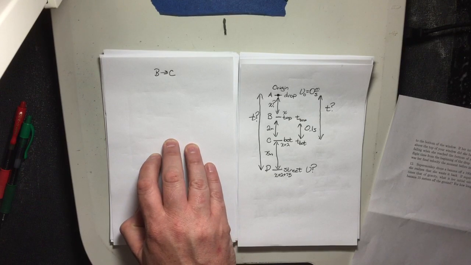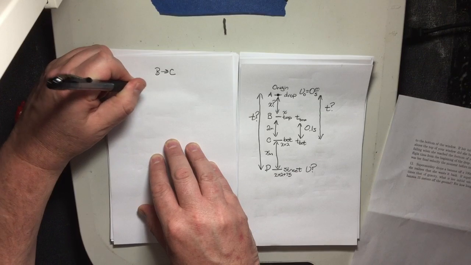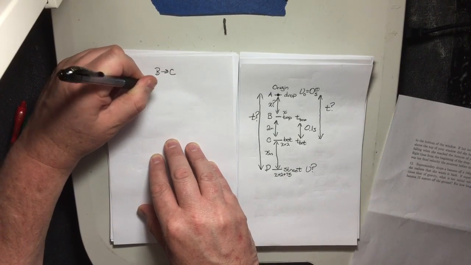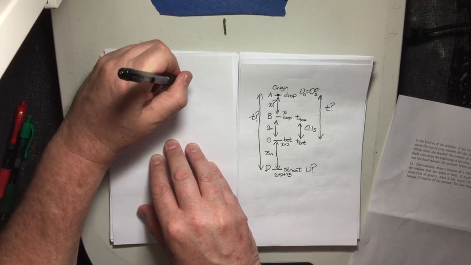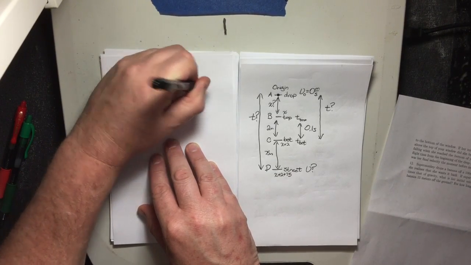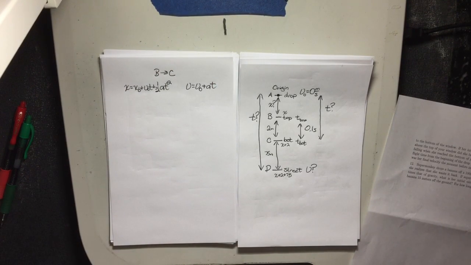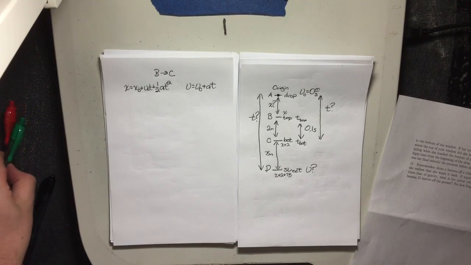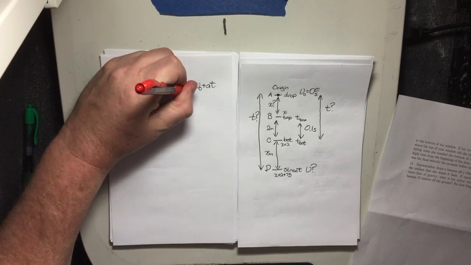Well, it's a one-dimensional motion problem. So we have x equals x naught plus v naught t plus 1/2 at squared, and we have v equals v naught plus at. Identify what we know and what we don't know. I'm a little unclear about the velocities.